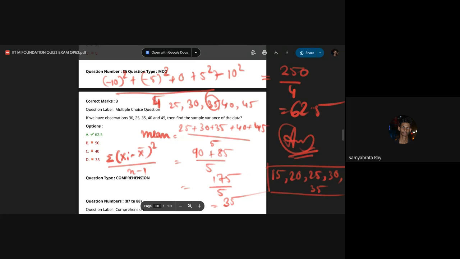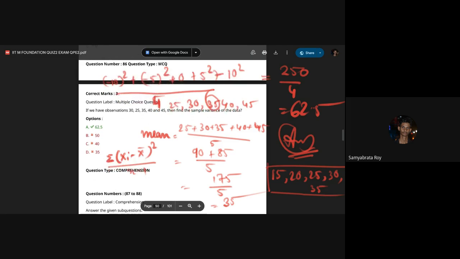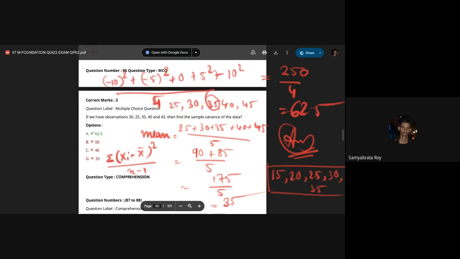Not population variance, sample variance we are concentrating on right now. Suppose these are my xi's. Find out and let me know. I'm giving you 2 minutes to solve. I hope this will be beneficial for you if you practice a little bit.